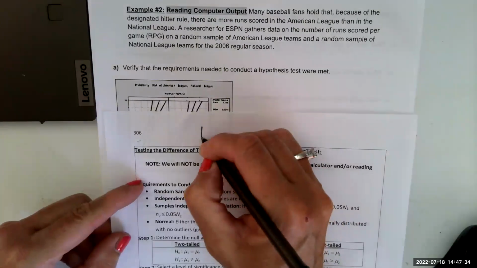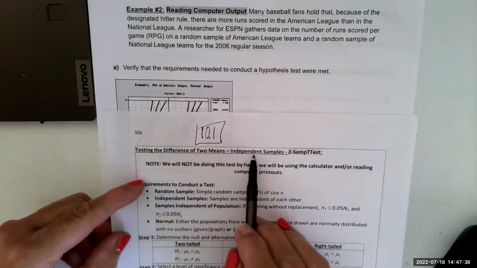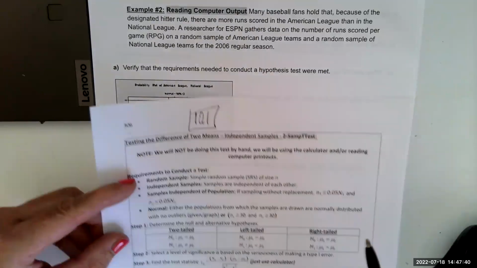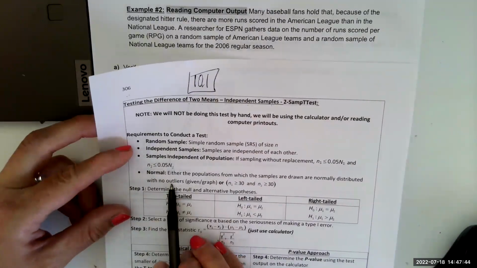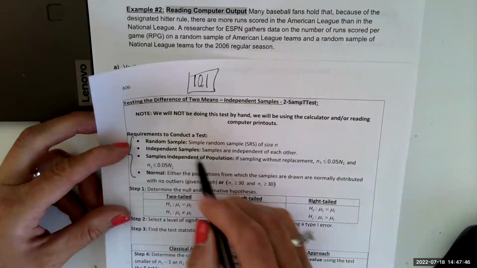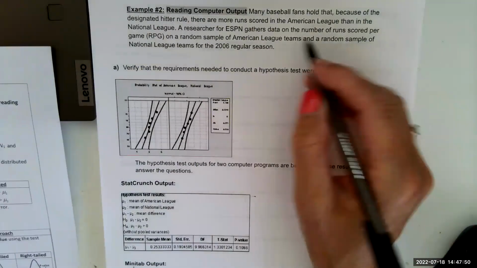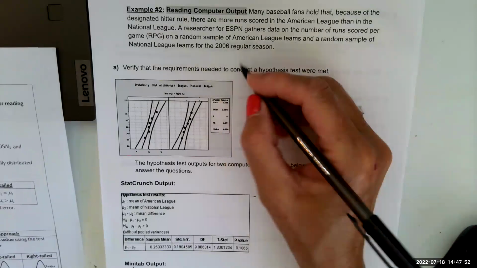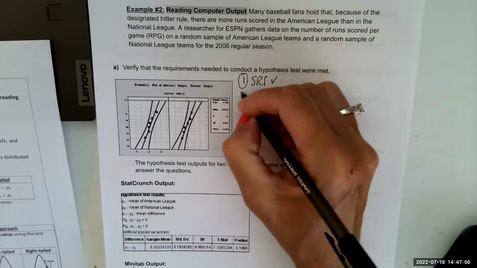This is section 10.1. So we're testing the difference of 2 means independent samples. So here are the requirements we have to make sure of. So do we have simple random samples? They did say they had random samples, so we do have the simple random samples.